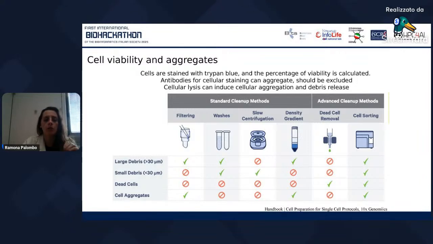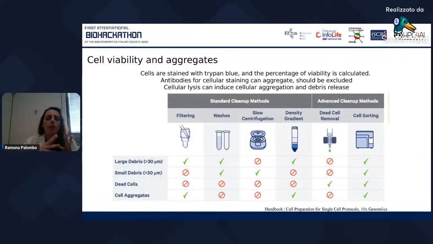So I can use a staining procedure to visualize cells that are alive or dead, or calculate the percentage of cells that are dead in a sample preparation. And so I can decide to exclude those cells from the solution, or maybe isolate just what I want. For example, some cells that express a specific marker on the surface, on the membrane.